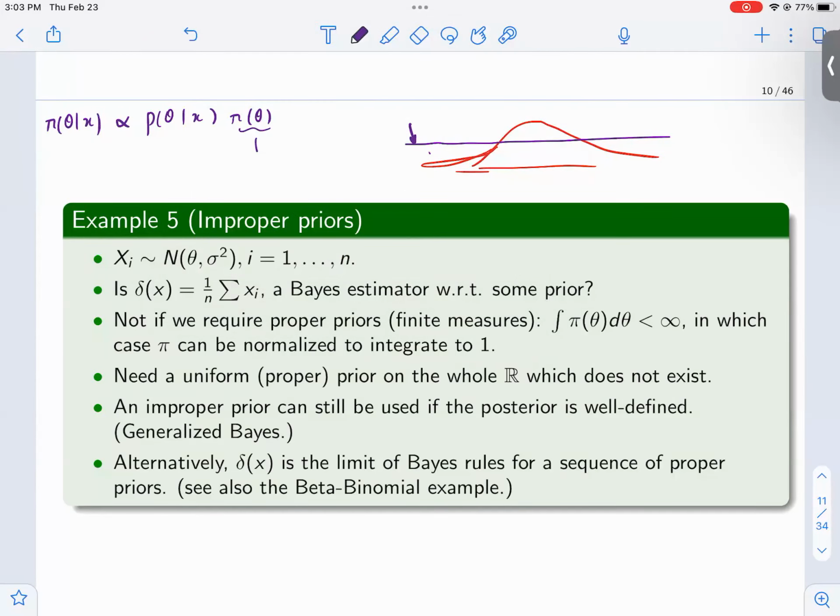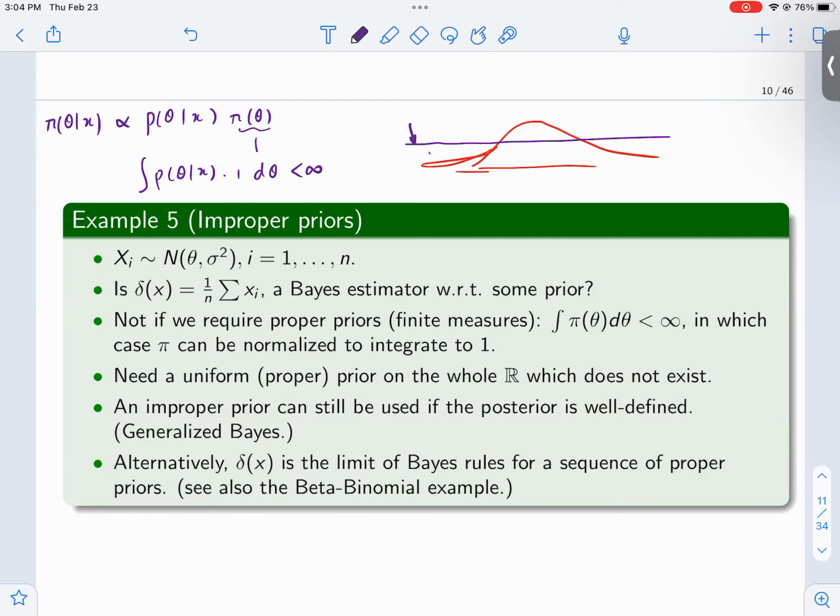And then if the posterior integrates, so sometimes the likelihood is sufficiently concentrated that I can integrate this to 1. So it turns out that the integral of this guy, d theta, is finite. Then I can normalize it to get the probability distributions. I can pretend that this density of 1 is really a prior, because it gives you a valid posterior.